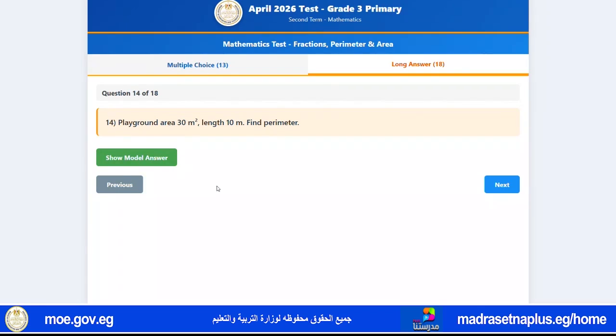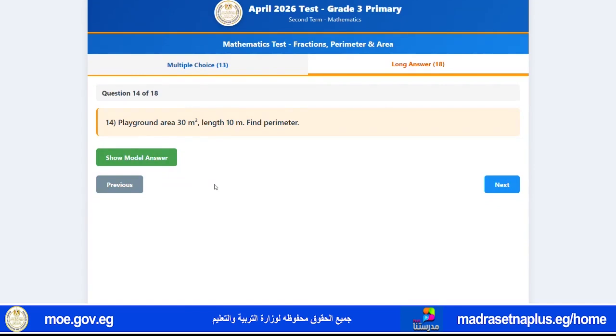Your school playground is what? It is 30 square meters, maybe for a KG playground. So 30 square meters is small. Anyway, area equals what? 30. Length equals what? 10. I need what? I need the perimeter. So the perimeter equals what?